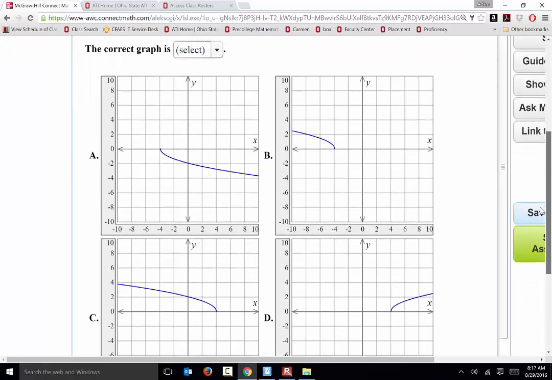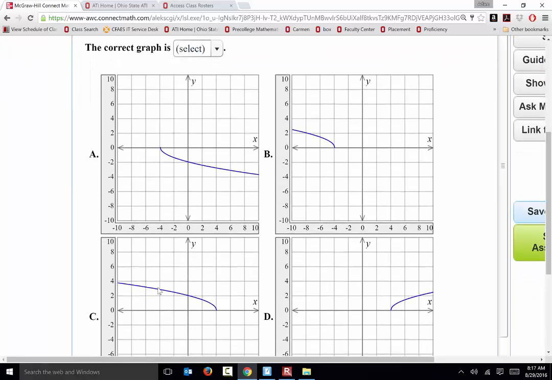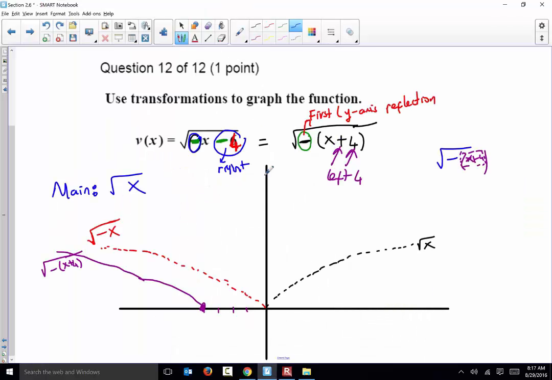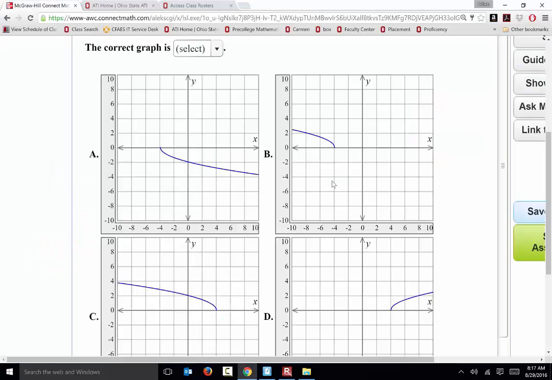Let's pick the right one. Which one is the right choice? This is a right shift. Is it A? B, right? 4, 0, negative 4, 0. This is negative 4, 0, negative 4, 2, 4, 0.